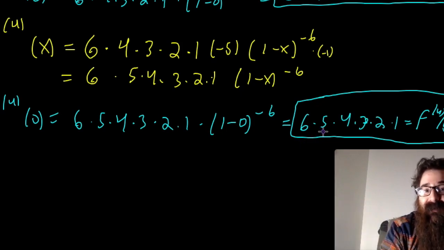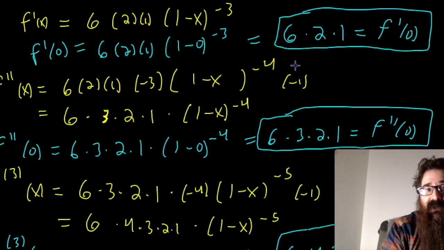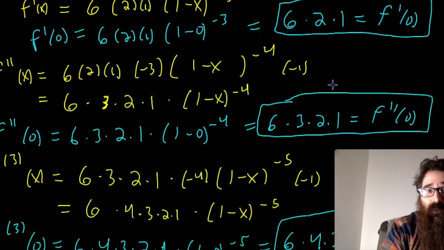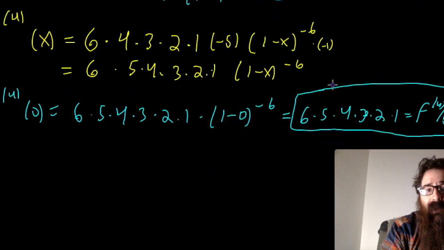However, where I ended is kind of a bit tricky, because I don't want to think about this 6 that I have in front too much, because in fact all of them have that 6. That was a coefficient on the function that I had. So everyone's really got the obligatory 6. But let's see if we can see the pattern otherwise.